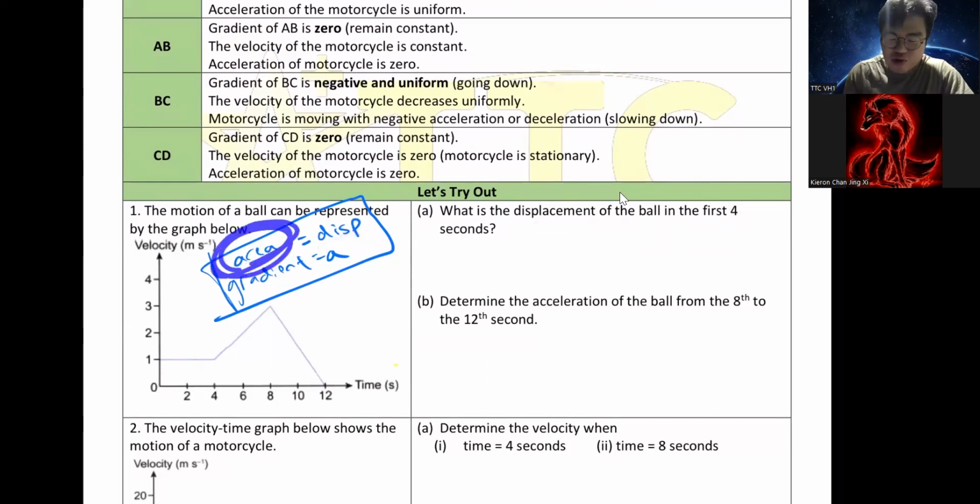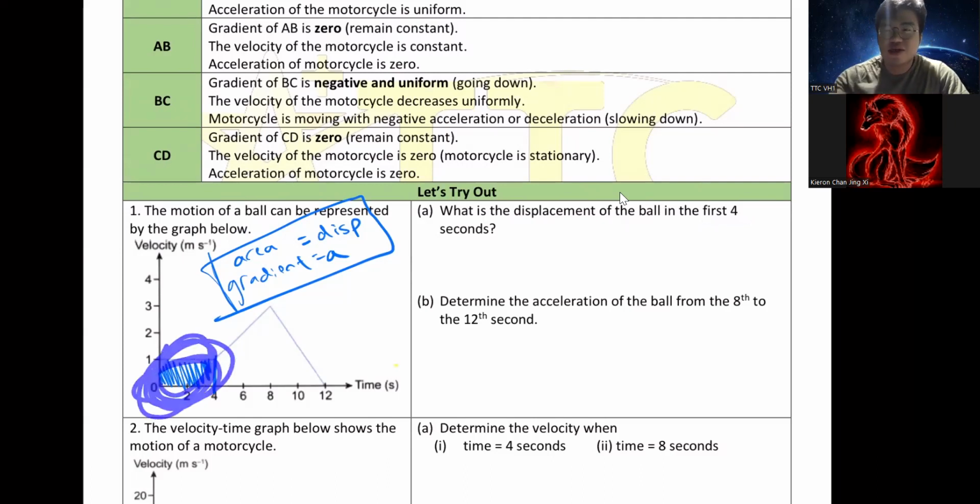The luas permukaan. So they want first 4 seconds, 4 saat pertama. So first 4 seconds is here. So the area is here. They want the luas here. So what's the luas here? 4 long, yeah. 4 meter. Easy, right?